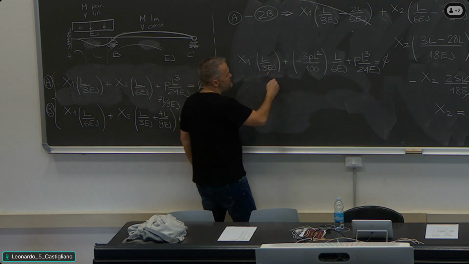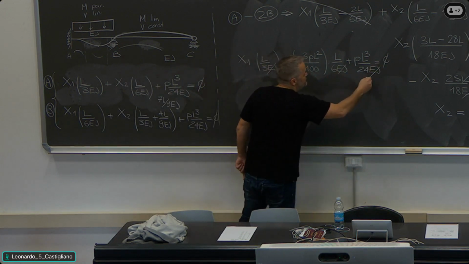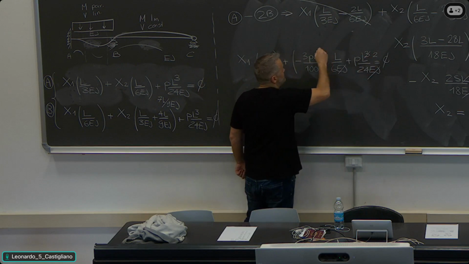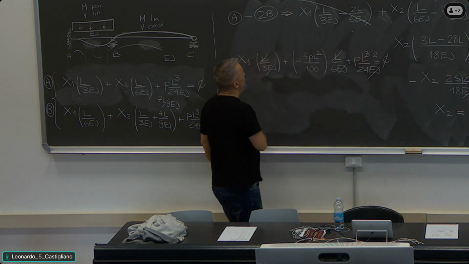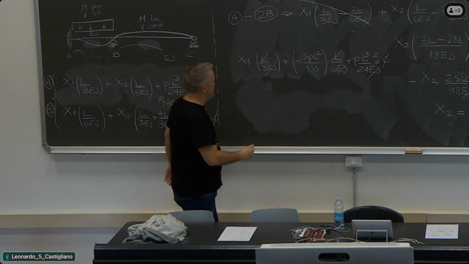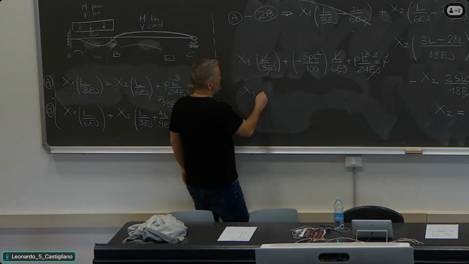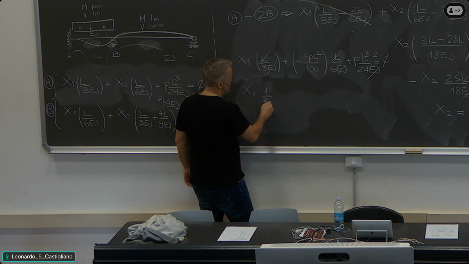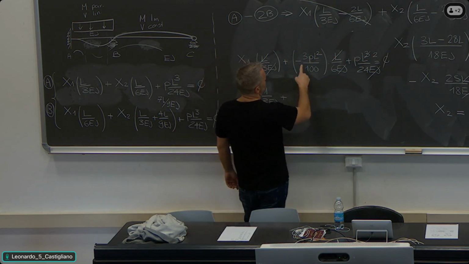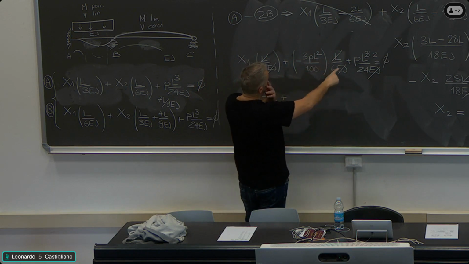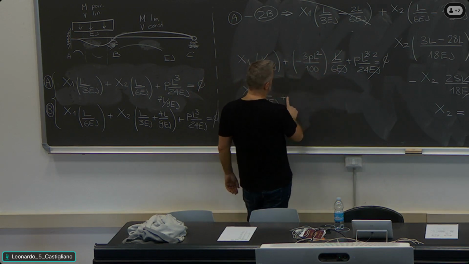A little bit of simplifications. EJ, EJ, EJ, L, L, L, and L. Now, x1 times 1 over 3 EJ plus minus 3 over 600 is basically... It's without the EJ, you're already simplified.